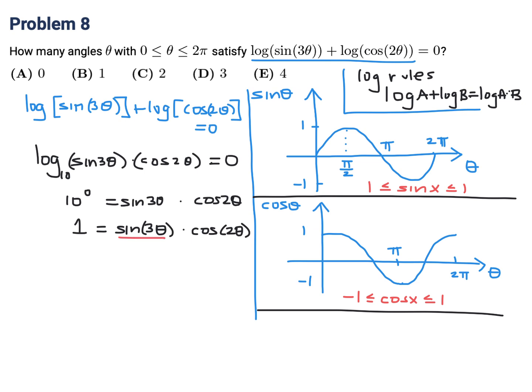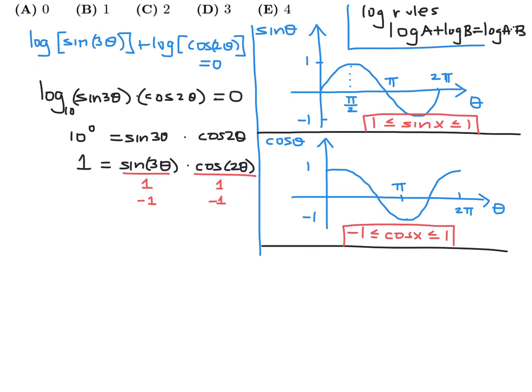So when you multiply them together, they equal 1. What are the possibilities? They could both be 1, or they could both be negative 1. I can't think of any other possibilities because, for example, if the first one was 0.5, the second one would have to be 2, and you can't have 2 because it's only between 1 and negative 1. So those are the only two possibilities.